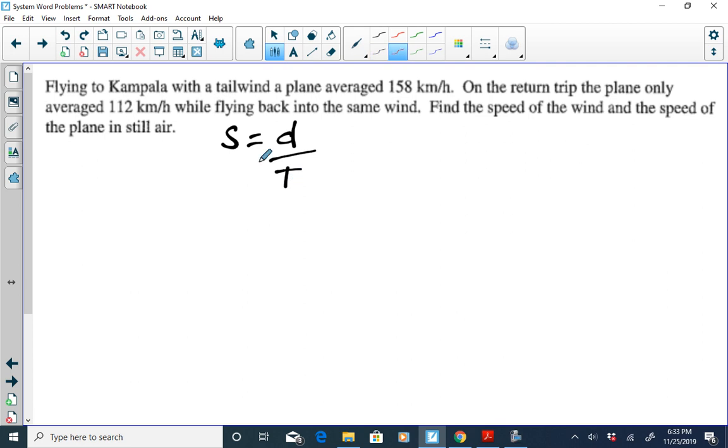Well, if we rewrite that equation to solve in terms of d, I'd multiply both sides of the equation by t, they cancel, and now we have distance is equal to the speed times the time.